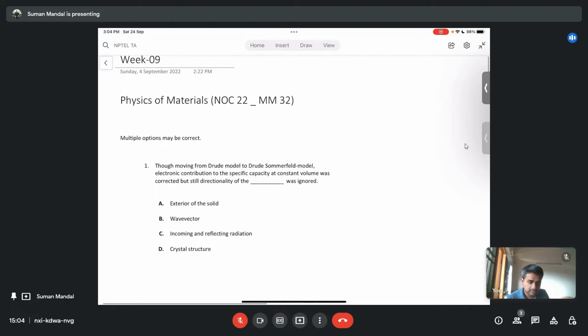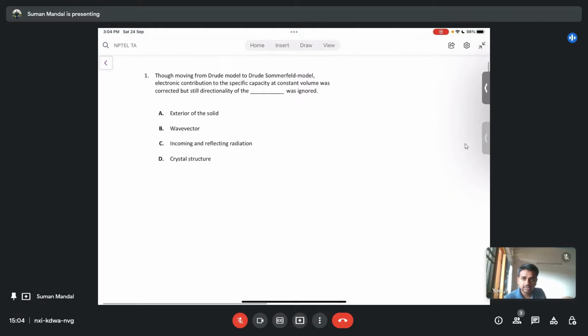So, this is the week 9th. We will be discussing reciprocal lattices in this class. So the first question is, though moving from the Drude model to the Drude-Sommerfeld model, the electronic contribution to the specific heat capacity at constant volume was corrected, but still directionality of which of these options was ignored.